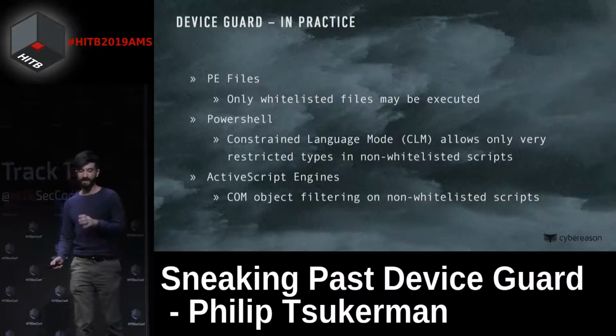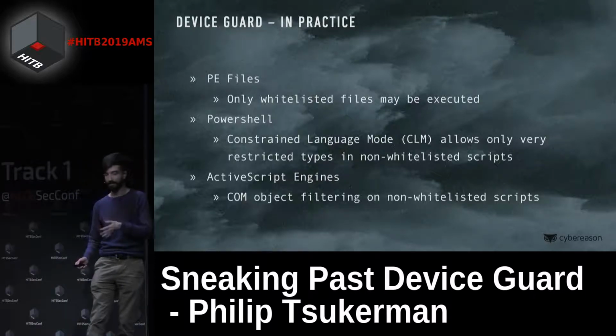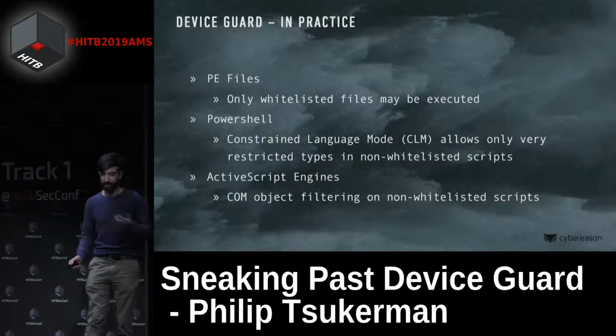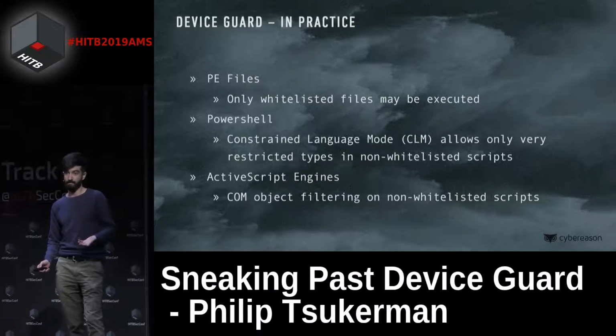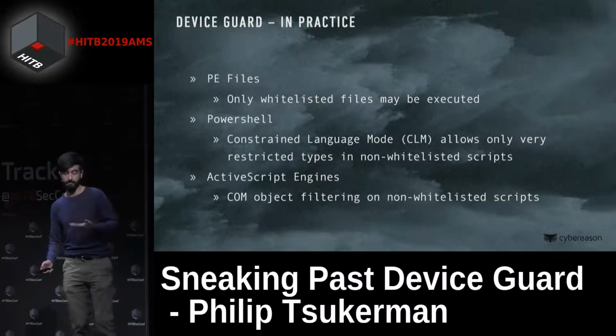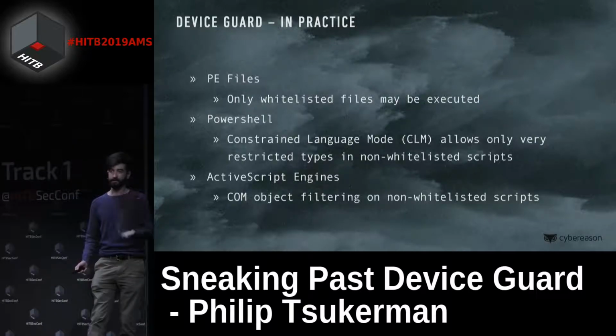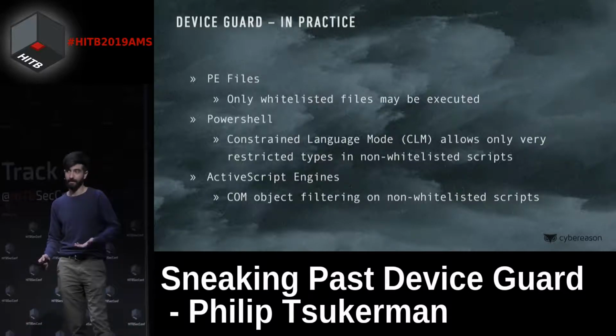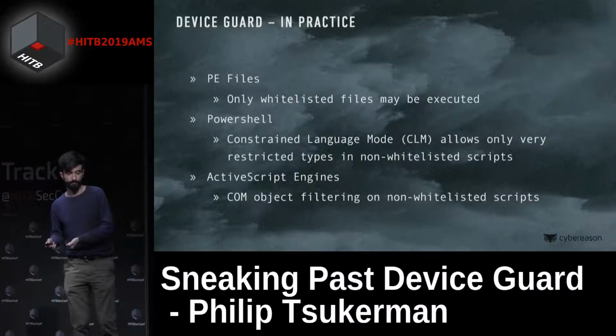This mode only allows very restricted types and commands to be used unless you somehow escape it or you use a whitelisted script. And this means that instead of being like the ultimate Windows hacker's toolkit or whatever, you just, again, have some kind of command line tool which really isn't that powerful.